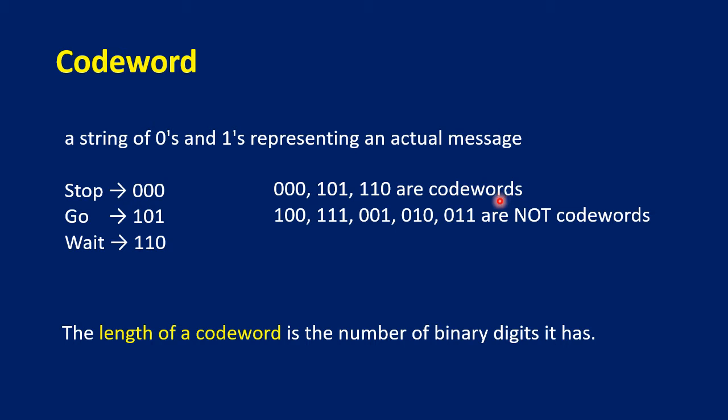The rest that you do not see here, like 100, 111, are not code words because they do not mean anything, unlike these three. The length of a code word is the number of binary digits it has. For example, all of these code words have a length equal to 3.